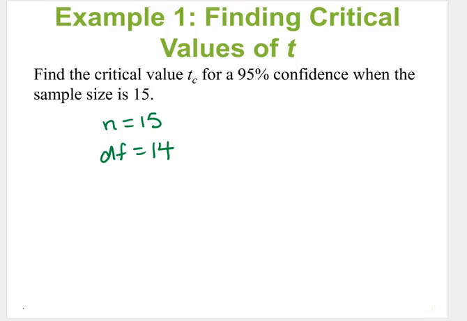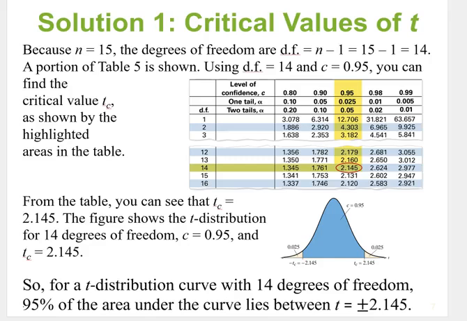You go over to 95, because that is our level of confidence, and then go down until you get to 14 degrees of freedom. Where that column and that row cross is your critical value: 2.145.